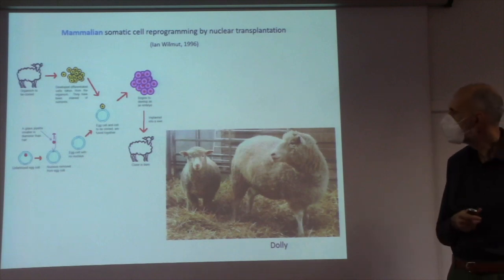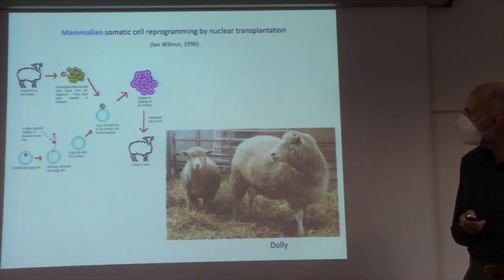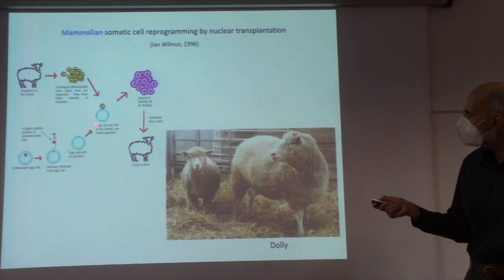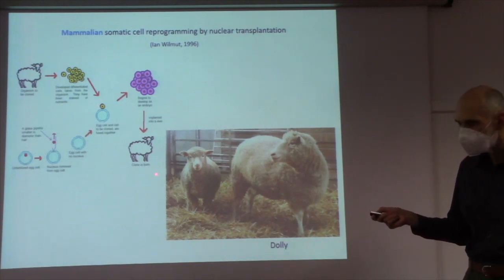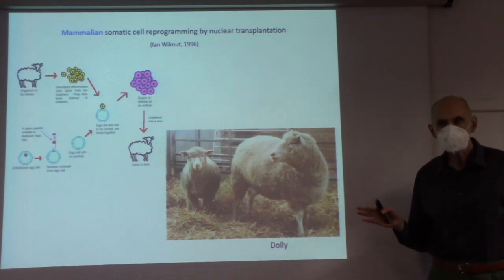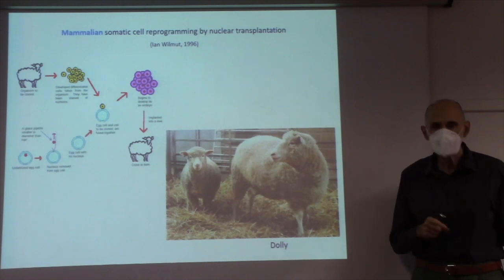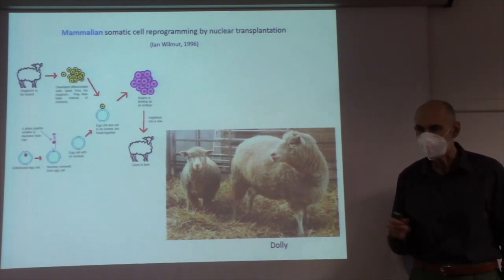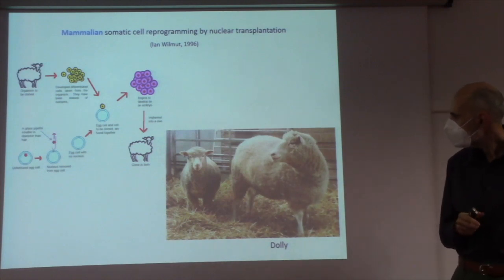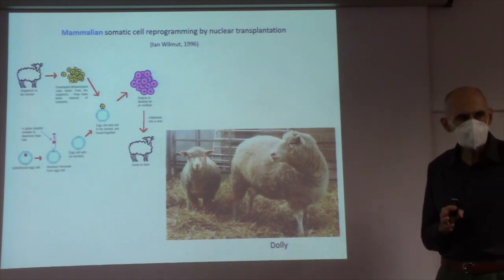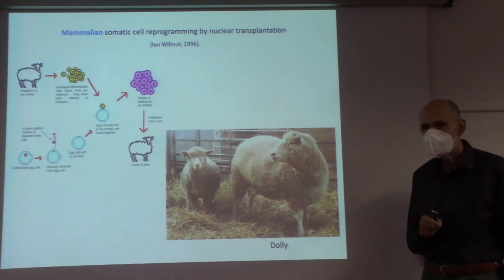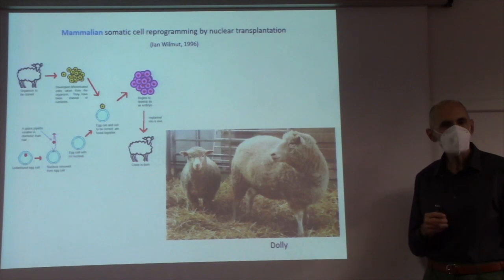Any somatic cell. The oocyte now gave rise to an embryo, which gave rise to an adult sheep. So it was clear that nuclear transplantation worked with mammals as well. Since then, it's been done with a variety of mammalian species and others, and in some laboratories it's nearly routine, but it's lost importance because we now have more advanced techniques to do similar things.